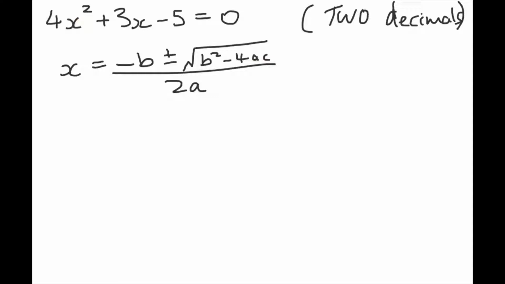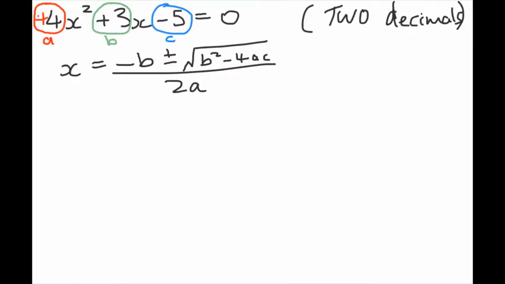In front of the x squared, that coefficient is a plus, so that will be a. And in front of the x, that is a plus 3, that is b, and the constant will be c, which is minus 5.